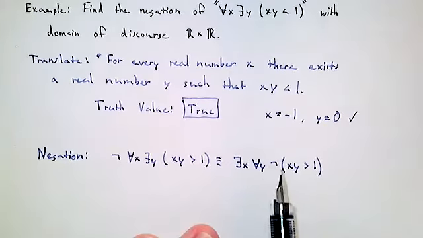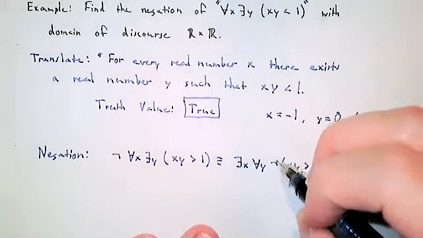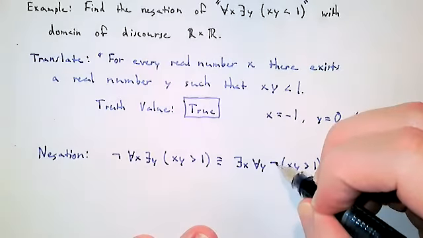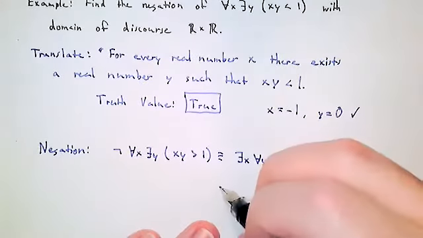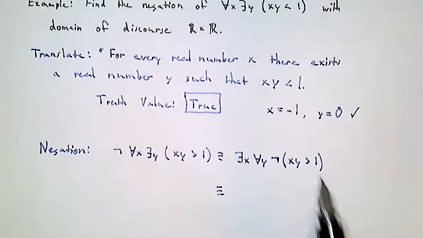So if I wanted to write the negation of x times y is greater than 1, but without the negation symbol, how could I do it just using math symbols? Regular math symbols. Less than or equal to? Good. So the greater than becomes less than or equal to.